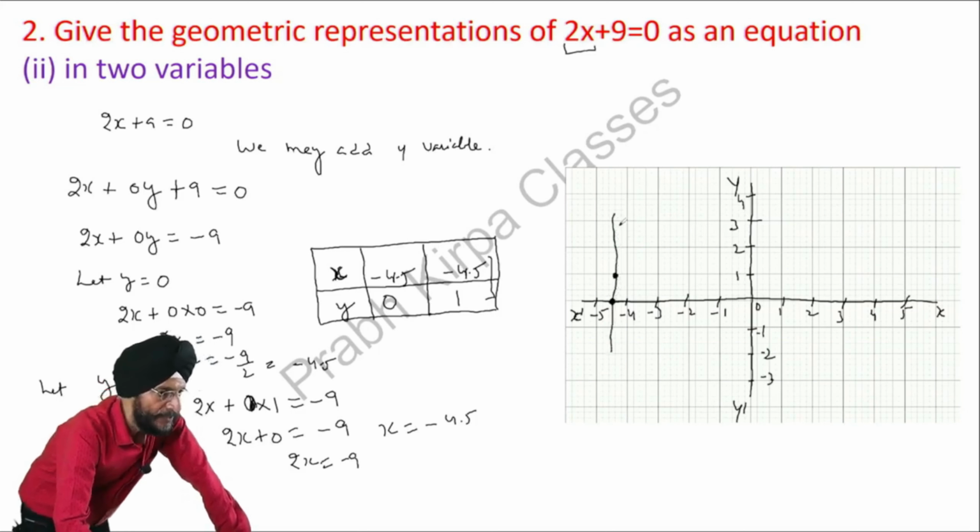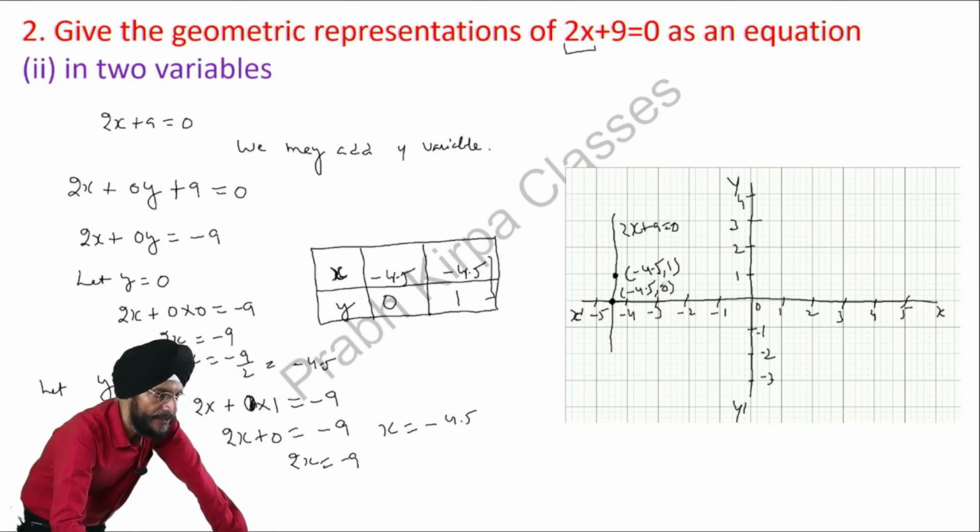So here the equation is 2x plus 9 is equal to 0. The solutions are here minus 4.5, and the value of y is 1. Here at this point it is minus 4.5 and here the value of y is 0.